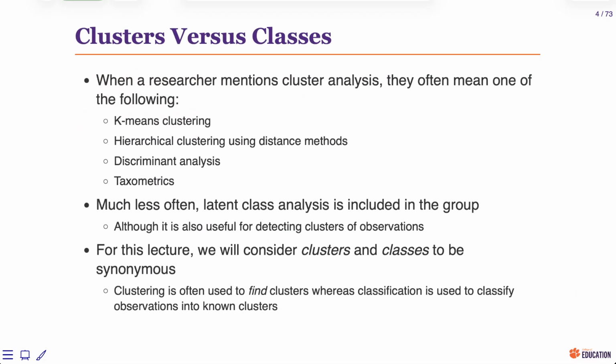All right. So we'll first start with a couple bits of definition here. First, clustering versus classification. You may hear a researcher mention cluster analysis. There are so many methods involved in that. They could mean many different things. K-means clustering, hierarchical clustering using what we call distance methods, discriminant analysis methods, and something called taxometrics.